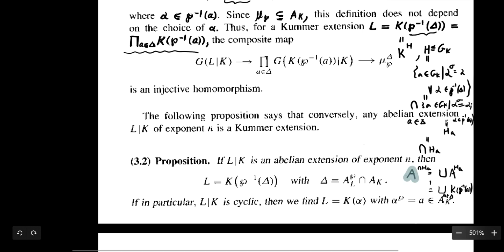As we saw, for fixing fields, the Galois group becomes smaller, the field becomes bigger, and bigger in the notation is the composite.